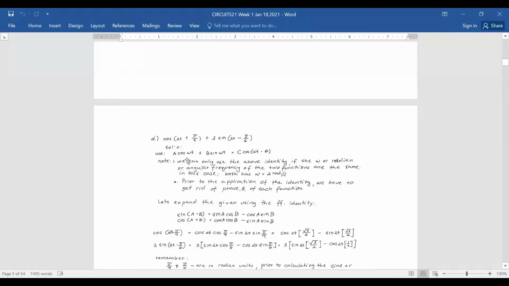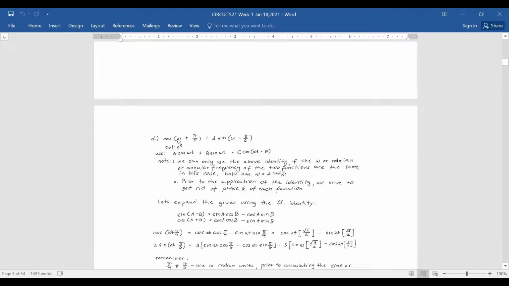Number one, we can only use the above identity if the argument, or the angular frequency of the two functions, say W, are the same. In our case here, we have the same W.